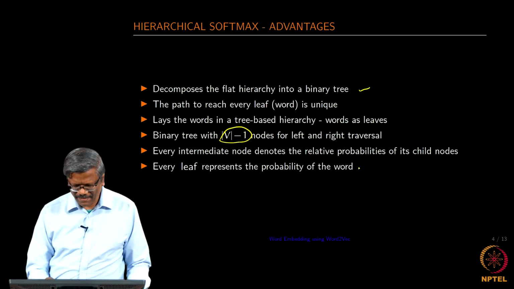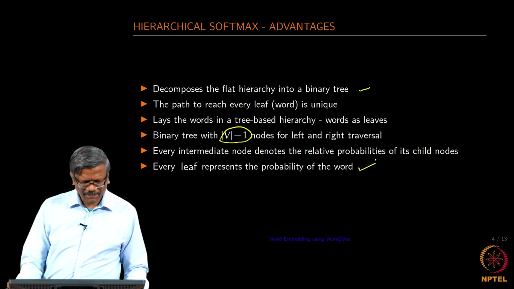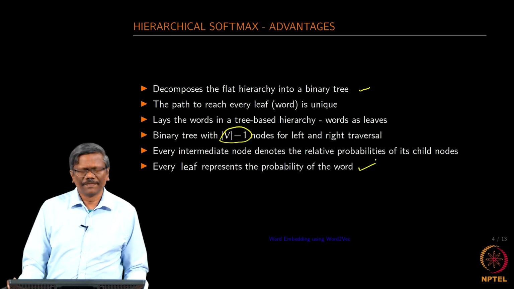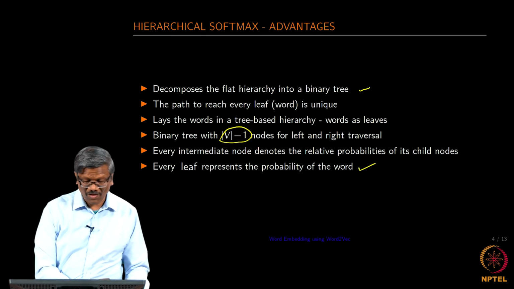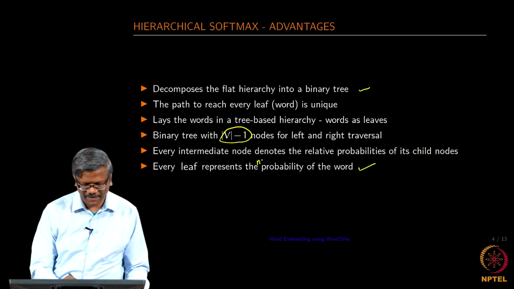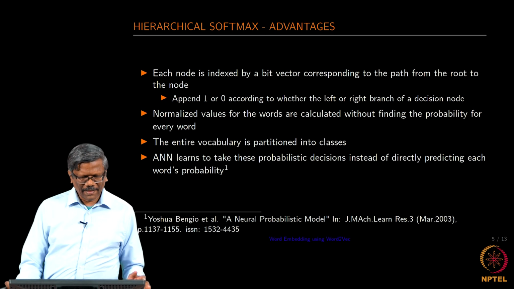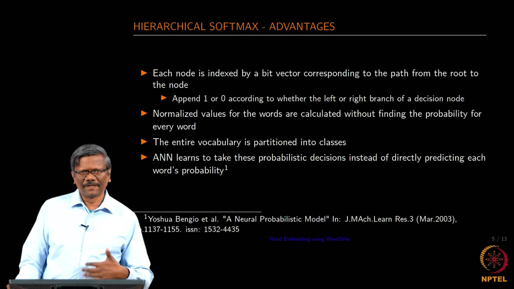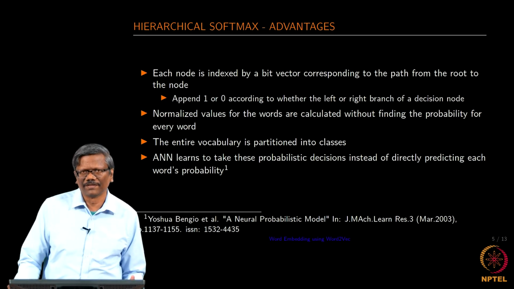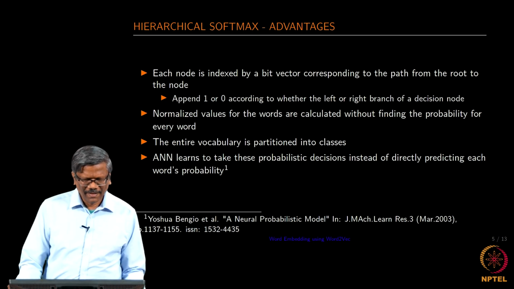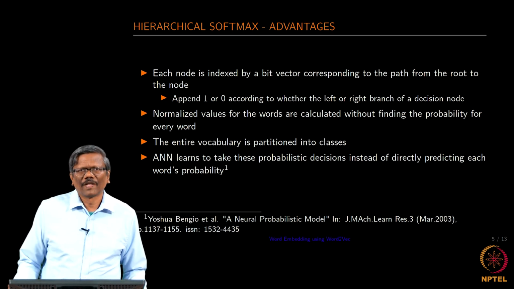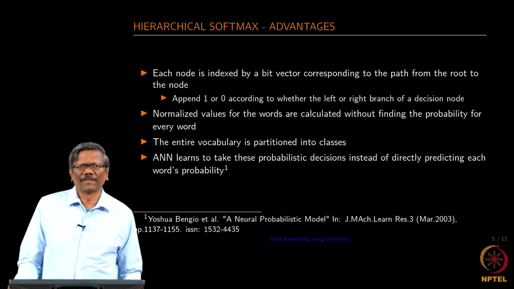And then as I mentioned earlier, every leaf represents the probability of the word. So, that is the normalized probability, let us use the right word. So, again explaining further the advantages of the hierarchical softmax, each node is indexed by a bit vector corresponding to the path from the root to the node.